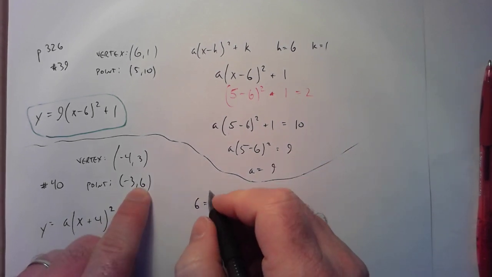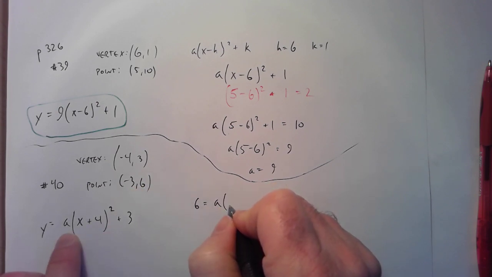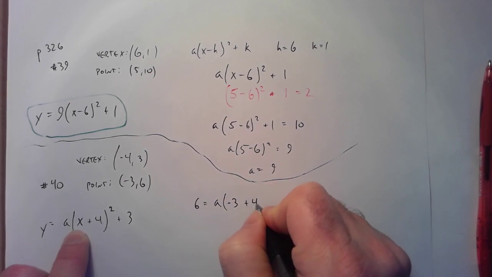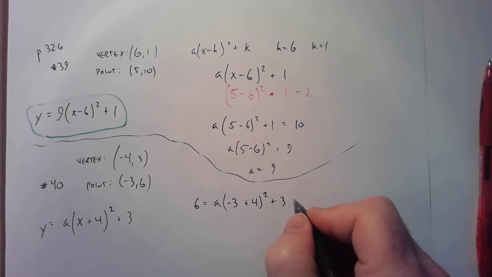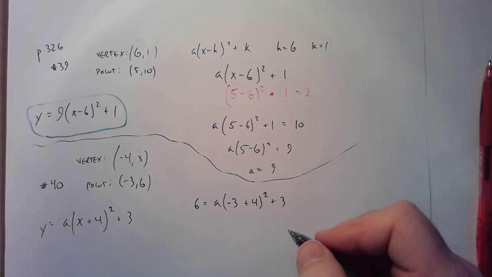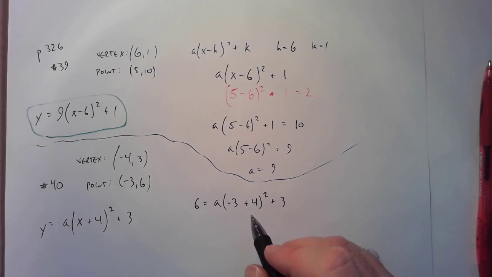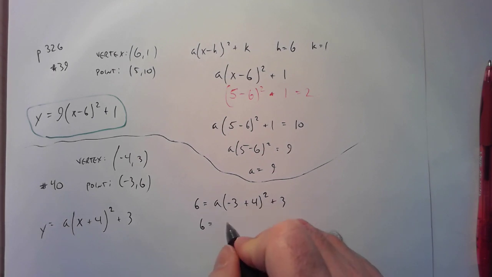Y equals a of x plus 4 squared plus k. Negative 3 plus 4 is 1. A times 1.